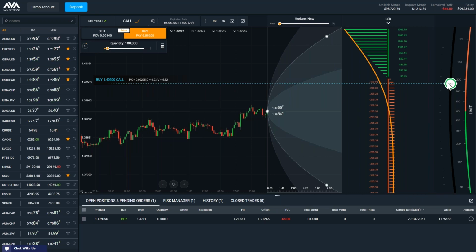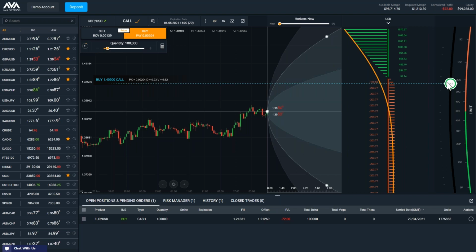So instead of buying it at 139.50, I have the right to buy it at 140.50, 1 point higher. This option is called out of the money. Because the option has a lower chance of having a profit, it has a lower chance of finishing in the money, its delta is lower.